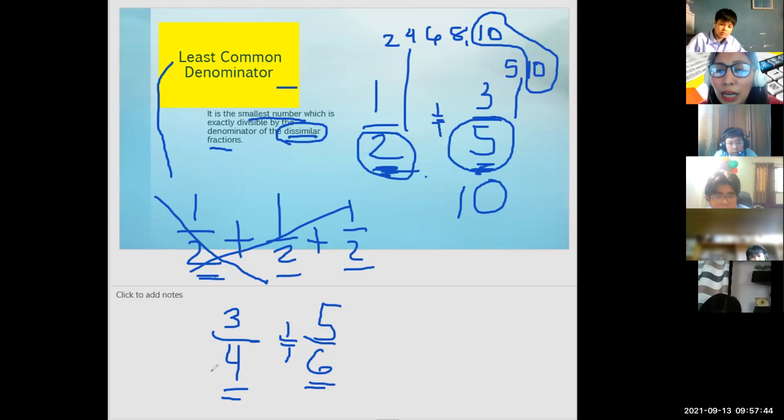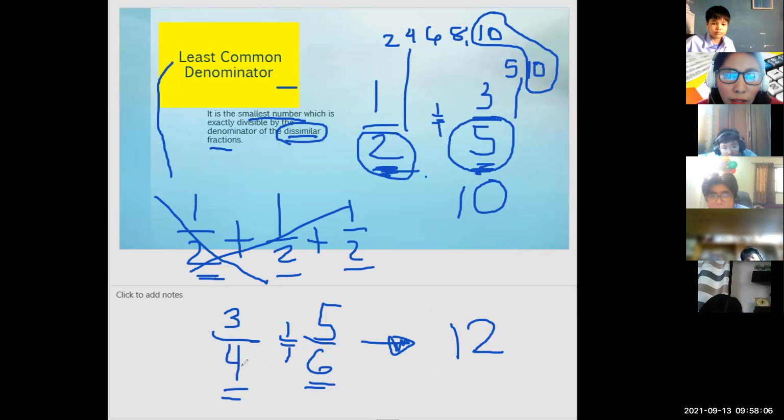Saan sila magmi-meet? Anong number yung magmi-meet sila or meron silang common number? Is it 4? Not 4. Yes, Nathan. What is it? 12 po. Yes, correct. The LCD of 4 and 6 is 12.